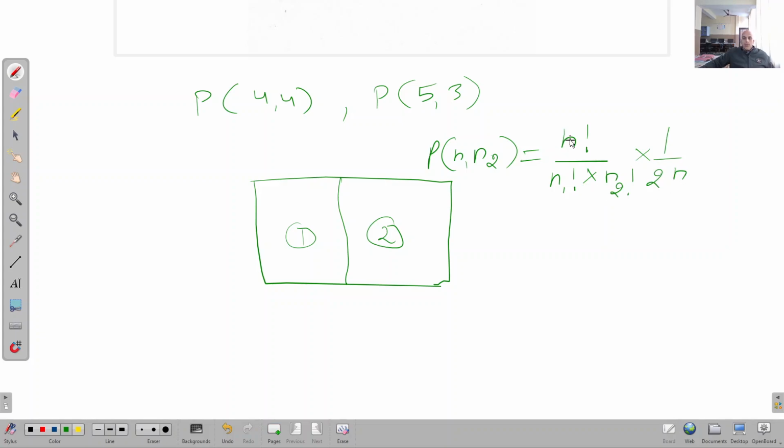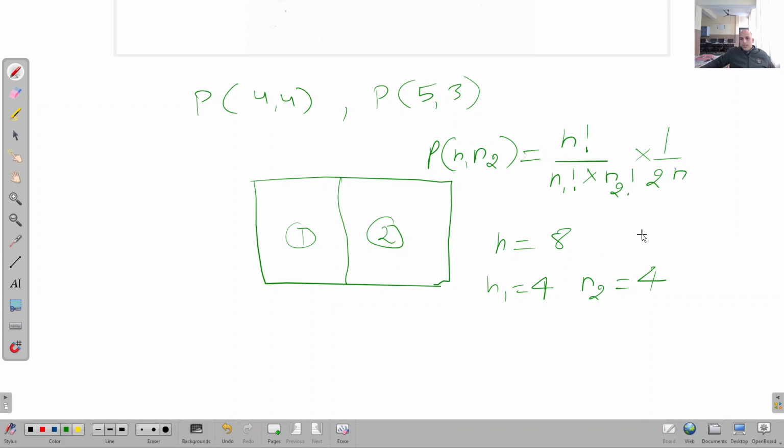Here n is the total number of particles. So here in this case, the number of particles small n is equal to what? It is 8. And n1 and n2 are the number of particles in compartment 1 and compartment 2, right? So we are starting with the first case, that is 4 4. It means n1 is equal to 4 and n2 is equal to 4. Clear?